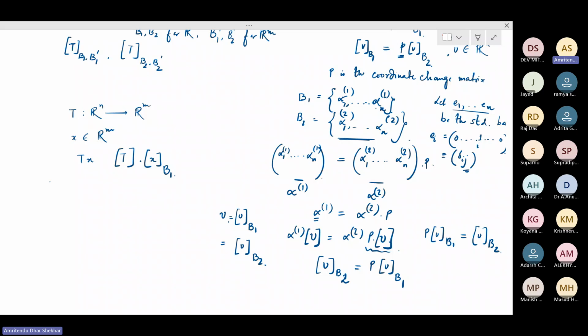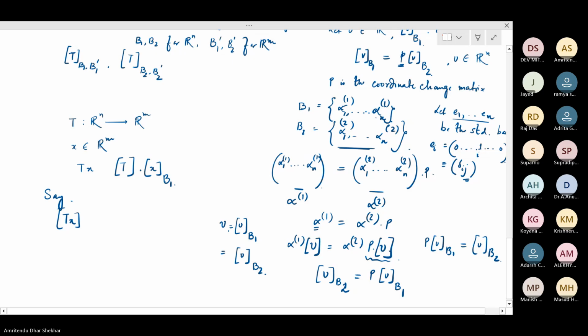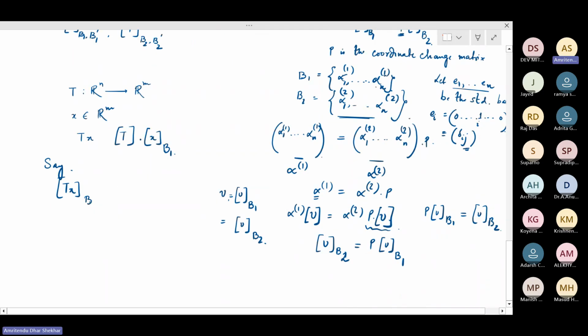So let us write it this way: Tx of V1 prime is equal to T times x on V1.